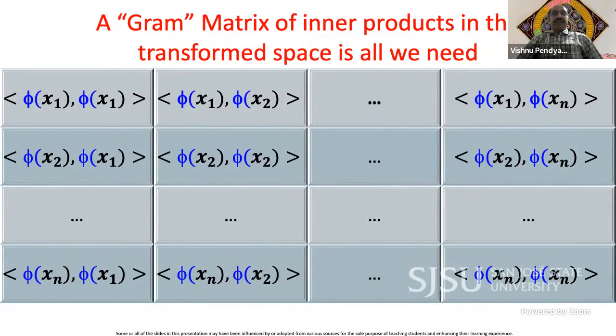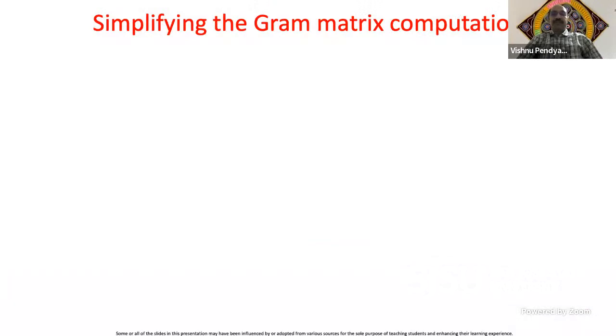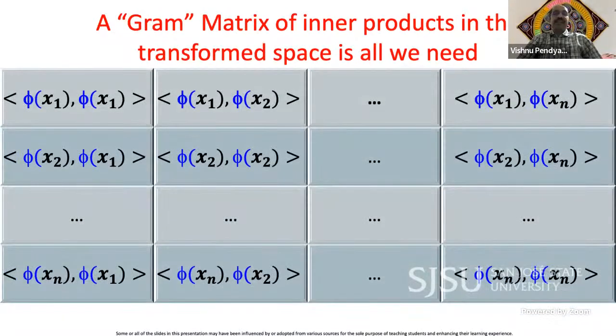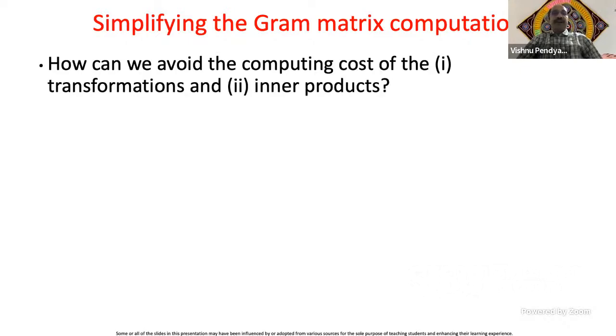So now, with this idea, how do we simplify the gram matrix computation? Remember, computing this matrix is really very computation intensive. How can we avoid the computing costs of the transformations and the inner products?